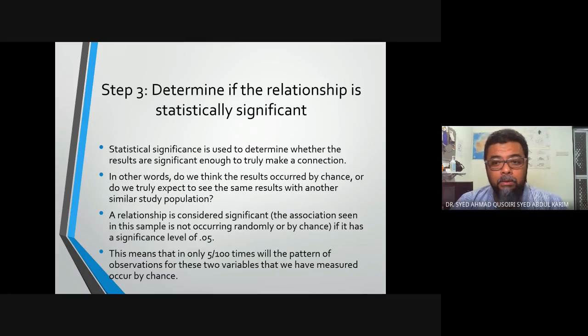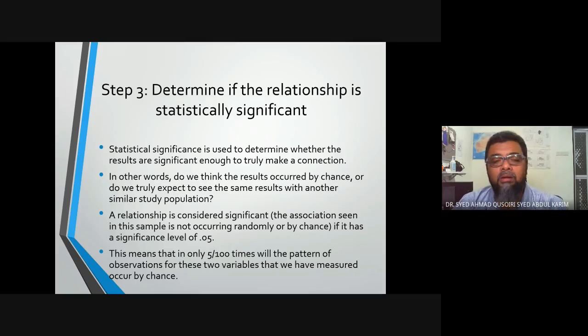So a relationship is considered significant, meaning the association seen in the sample does not occur randomly or by chance, if it has a significance level of 0.05. So 0.05 means that only 5 of 100 times would the pattern of observation of those two variables that we have measured occur by chance.